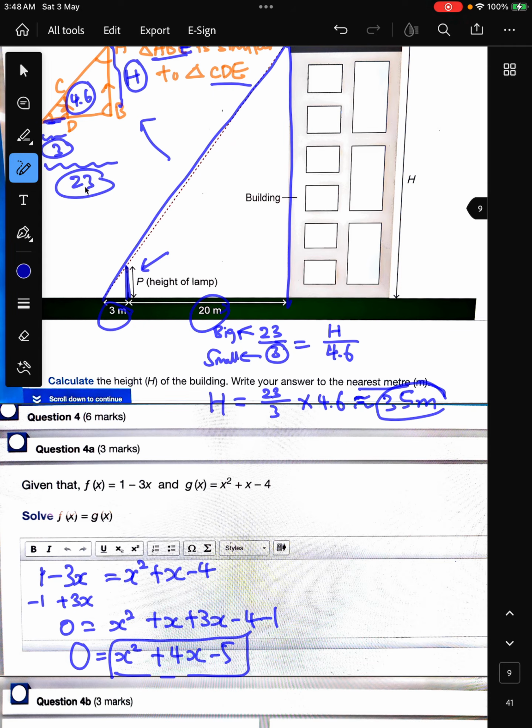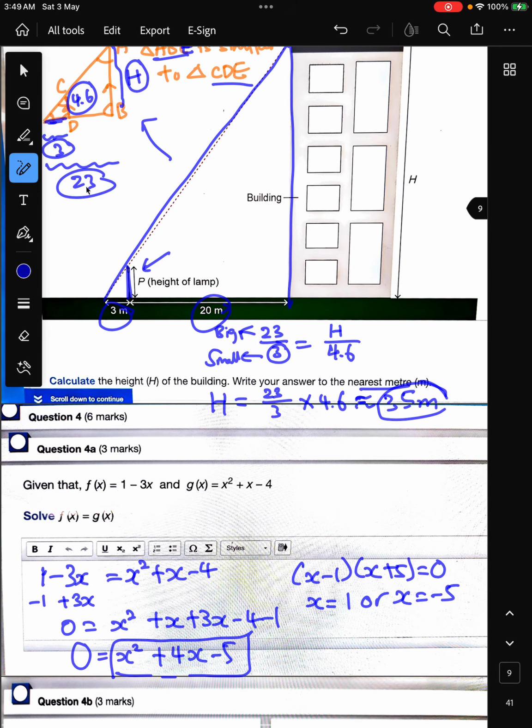Okay, so I'm going to factorize this, which looks something like that. So I'm going to get x equal to 1 or x equal to -5 for this question. Okay, so I think 3 marks is in the bag for this one.